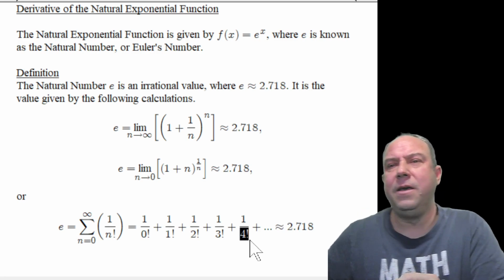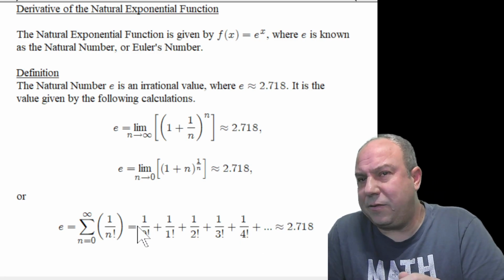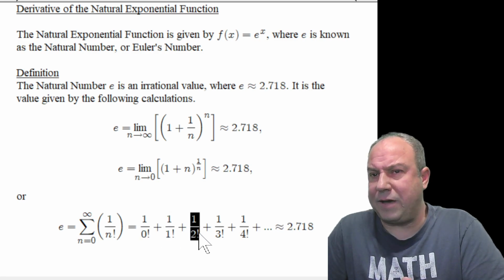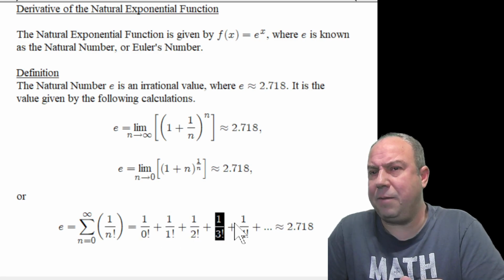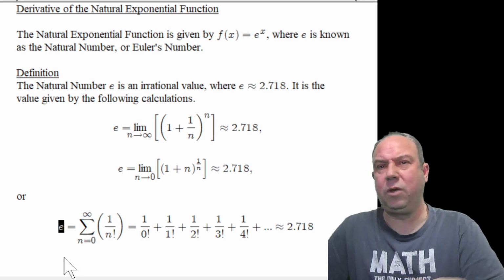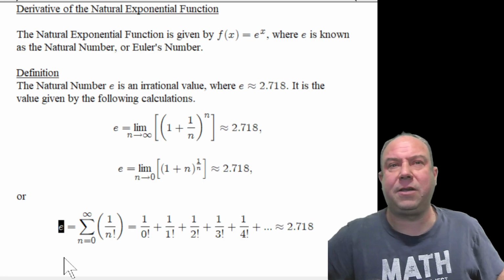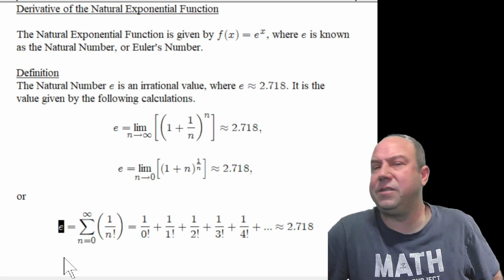If we take these ratios of 1 over our successive factorial values and add them up, they will add up to the value of e. And we will explore this infinite summation when we get up into Calculus 2 and we talk about infinite series.